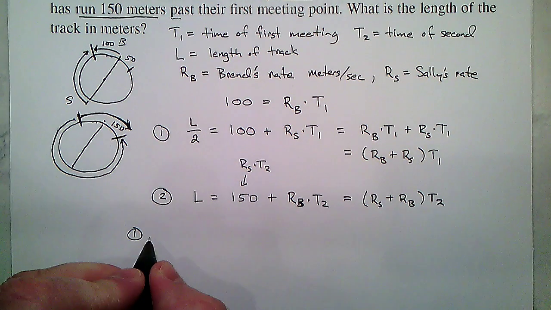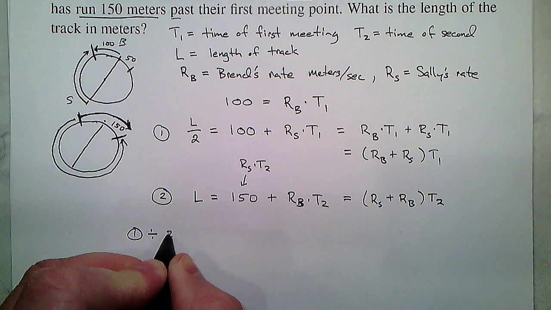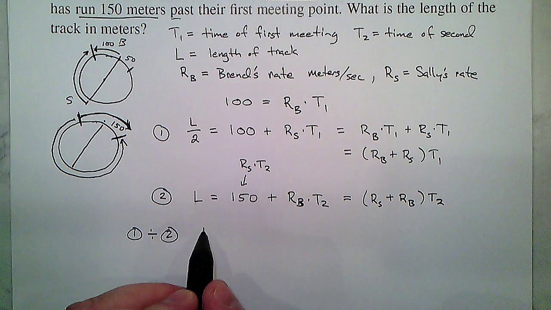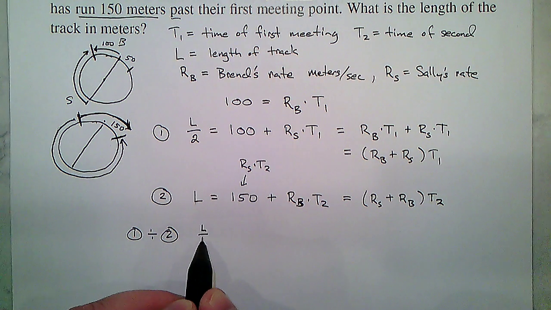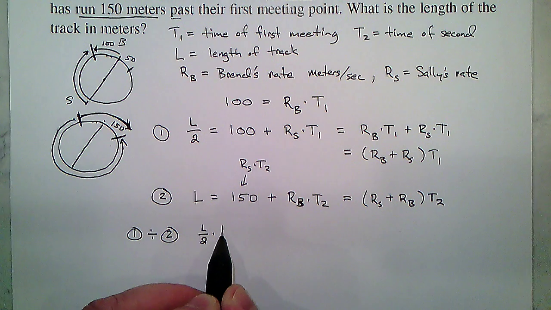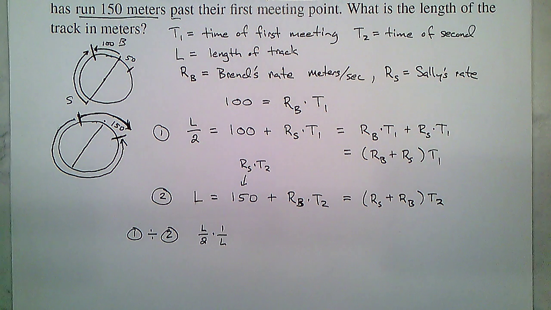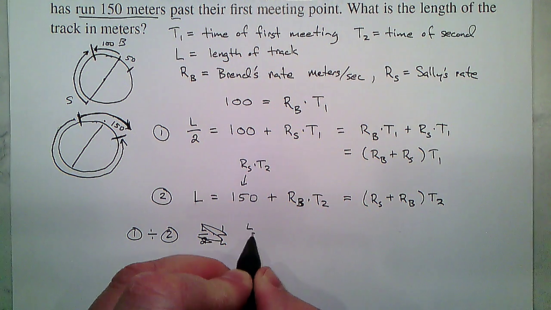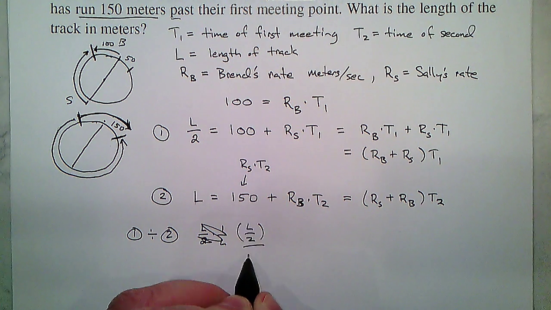If I do equation 1 divided by equation 2, then on the left-hand side here, I'll have L over 2 divided by L, right? Well, let me actually write that. L over 2 divided by L.